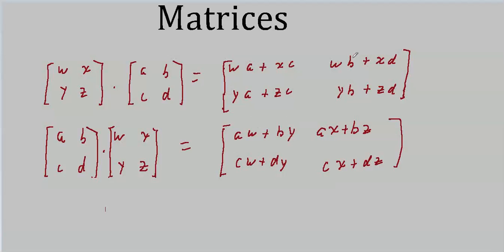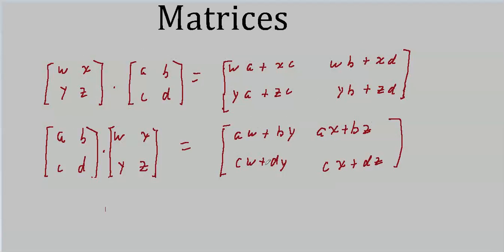What about this? Where we get WB plus XD. Here we get AX plus BZ. Again, not equal.